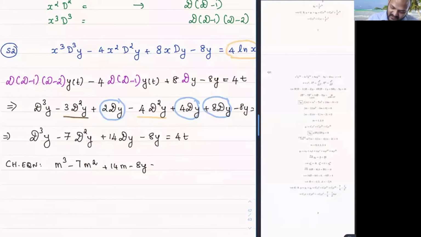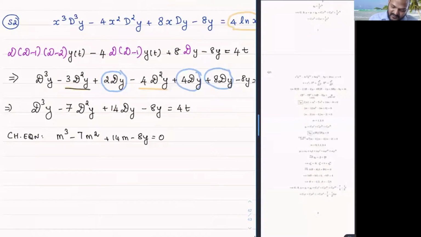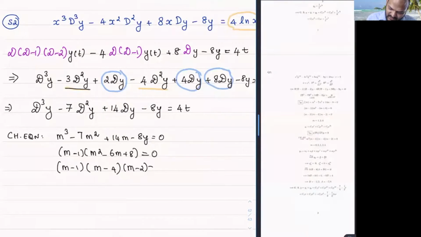If I factor this out, I am going to have m minus 1 times m squared minus 6m plus 8 equal to 0. If I further factor this out, I am going to have m minus 1 times m minus 4 times m minus 2 equals 0. That tells me m equals, if I write them in increasing order, 1, 2, and 4.